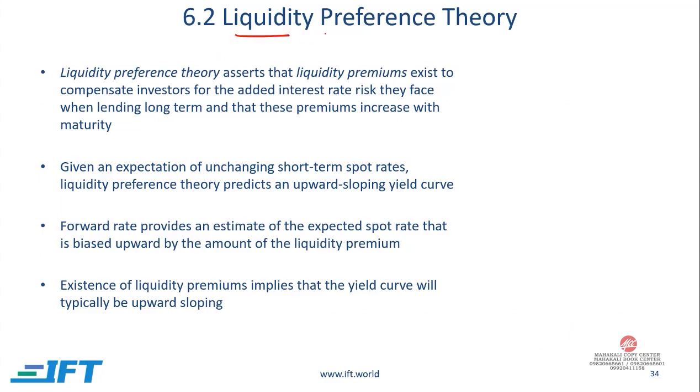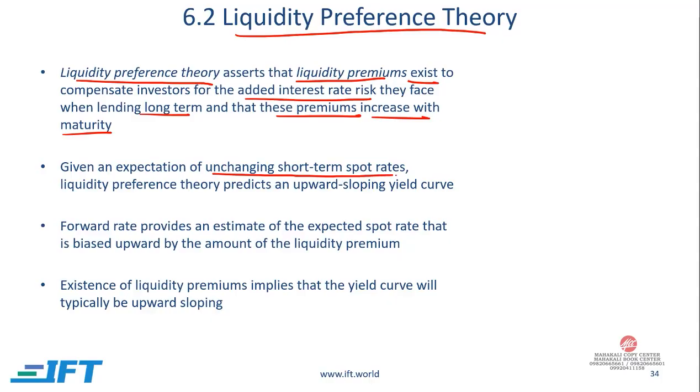Next, we have the liquidity preference theory. The liquidity preference theory asserts that liquidity premiums exist to compensate investors for the added interest rate risk they face when lending long-term, and these premiums increase with maturity. Given an expectation of unchanging short-term spot rates, the liquidity preference theory predicts an upward sloping yield curve.